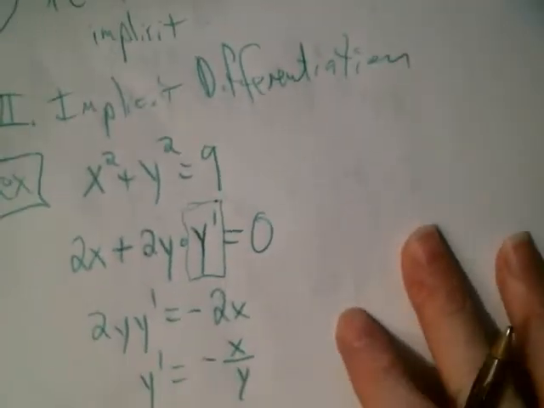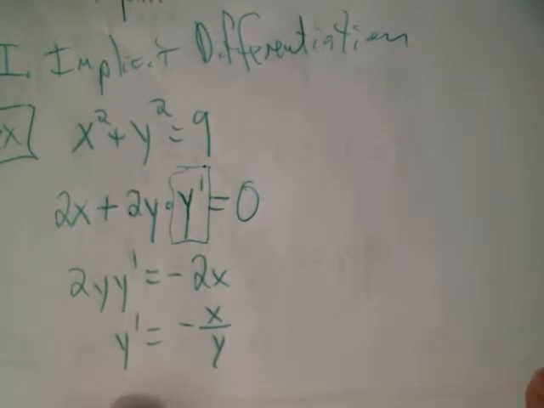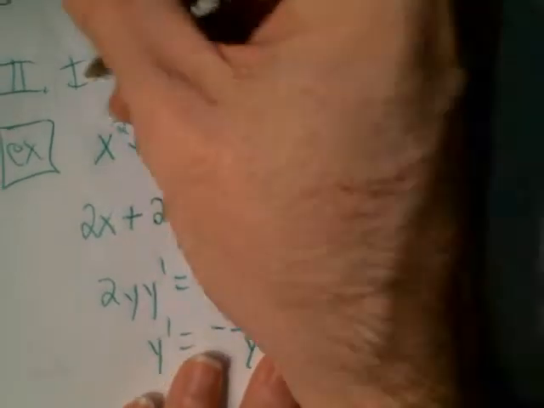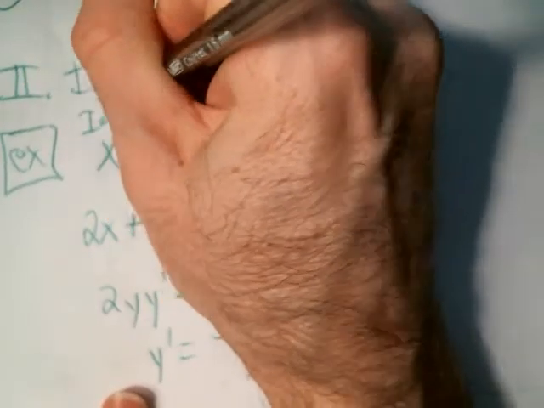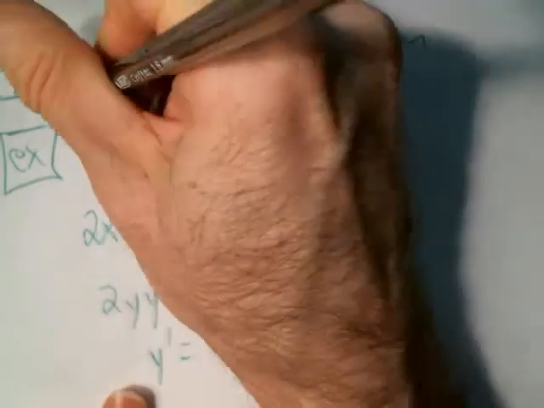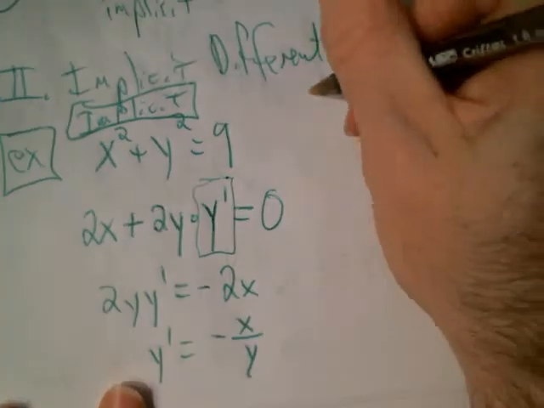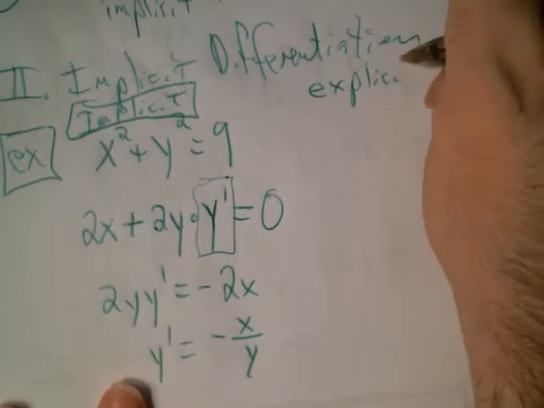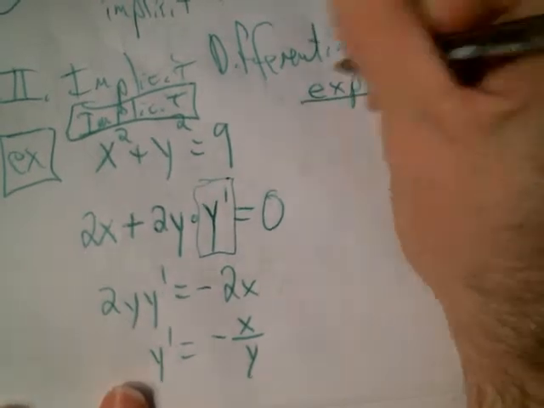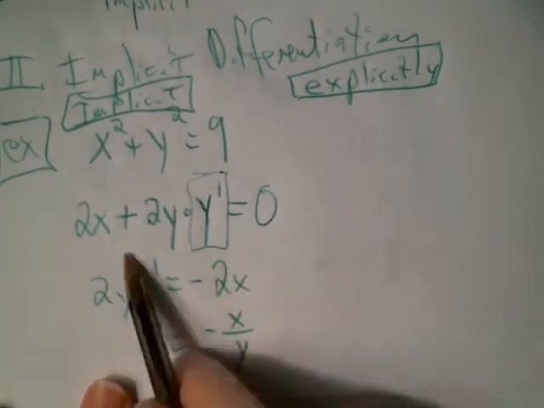Note there are some exercises in the book where they want you to differentiate explicitly versus implicitly. So this would be the implicit derivative. But if you did it explicitly, you can make the connection between these two expressions.